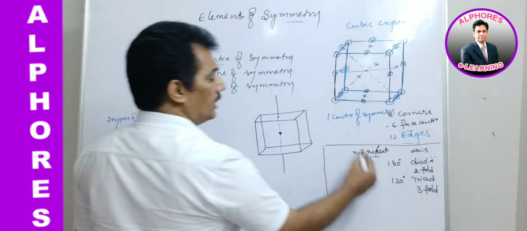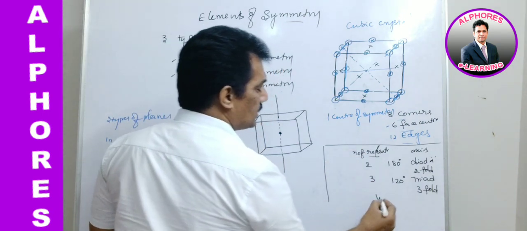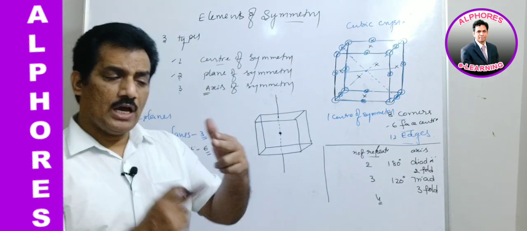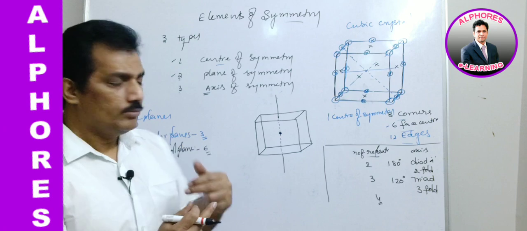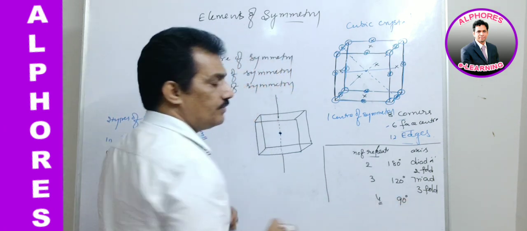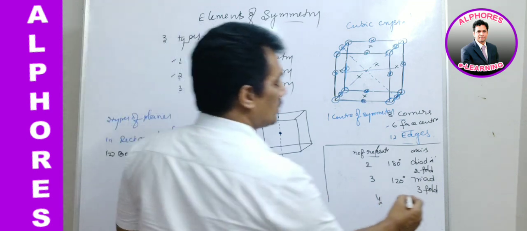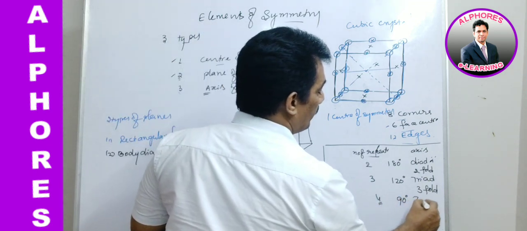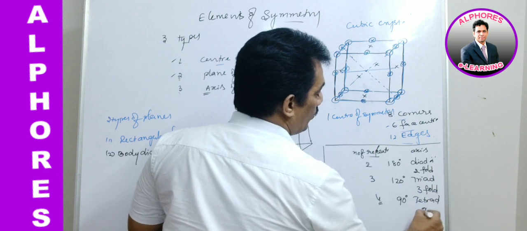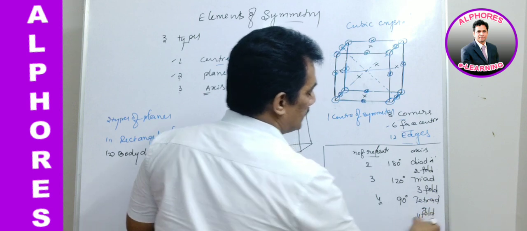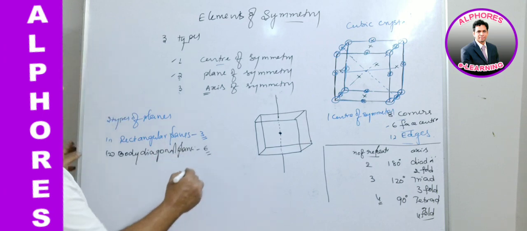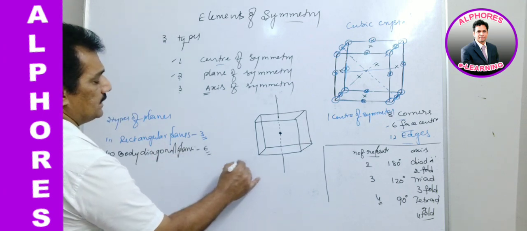Similarly, if the original appearance repeats 4 times while we rotate by 360 degrees, then at every 90 degrees the appearance will happen, and it is known as tetrad or fourfold axis.